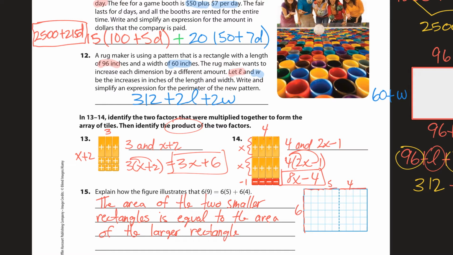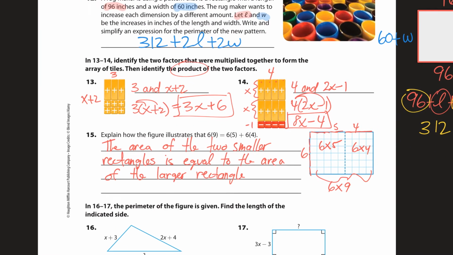Right? Because this small one is 6 times 5, and this one is 6 times 4. And the whole thing is equal to that larger one of 6 times 9. And so there you go. That's what I have to say about that.